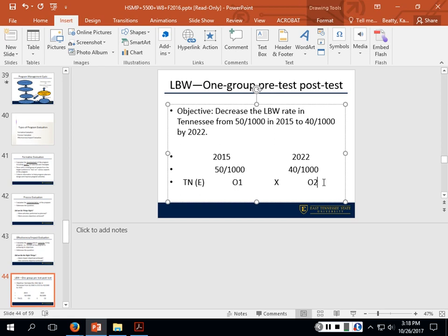So the two states, South Carolina and Alabama, have similar population sizes, similar demographics, and similar rates of teen pregnancy and unintended pregnancy at baseline, but they don't share a border. They're both in the southeast region, so they have similar cultural context and political views. They don't share a border, so that made Alabama a better option than, say, Georgia or Tennessee or Mississippi.